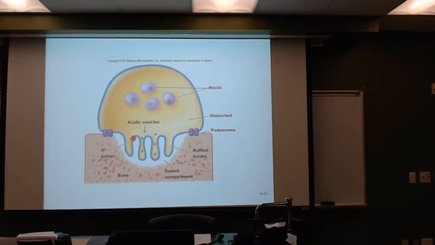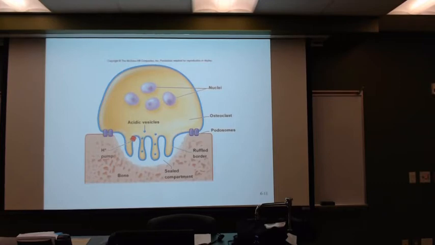So that means that that connective tissue wrapping has to contain the stem cells for both cartilage and bone. Therefore, those osteochondral progenitor cells. Does everybody remember that?